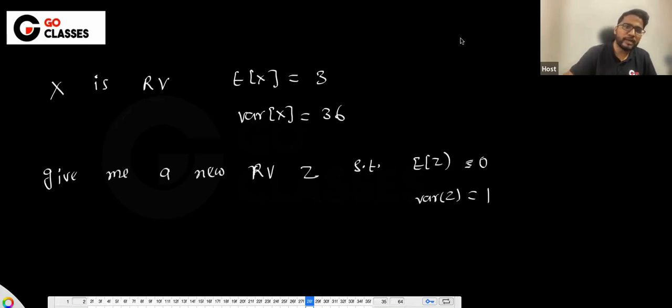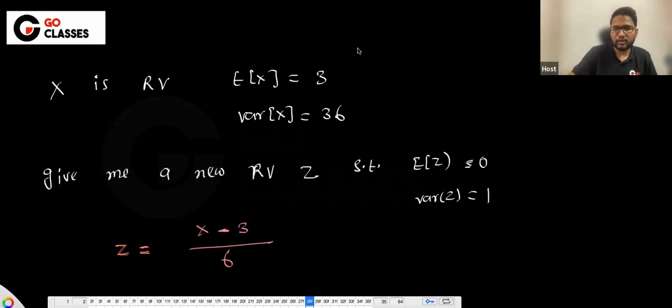Can you give me a new random variable such that this holds? What you will do, you will define z equal to, do you remember how to define? z equal to x minus its mean, which is 3, upon its standard deviation, which means 6.